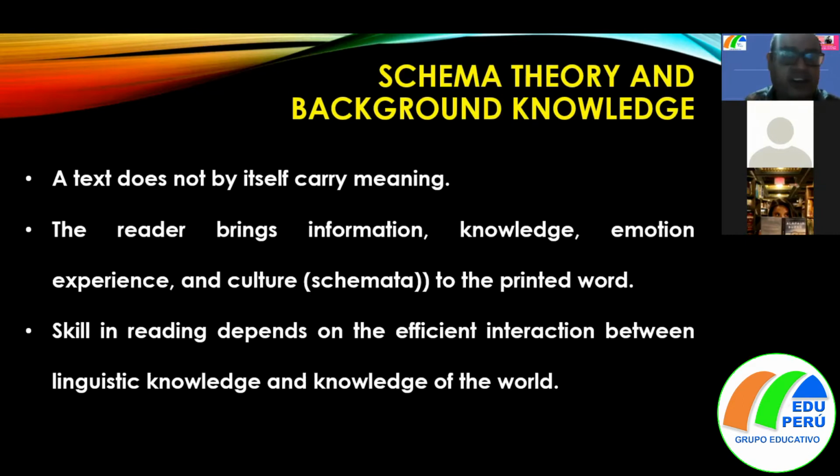They are not going to have the same interpretation, the same decodification, or the same comprehension. They're going to have different interpretations and decodifications. So notice, this is what we talked about in the last class. This is like a review about the different things that are related to the process of reading.